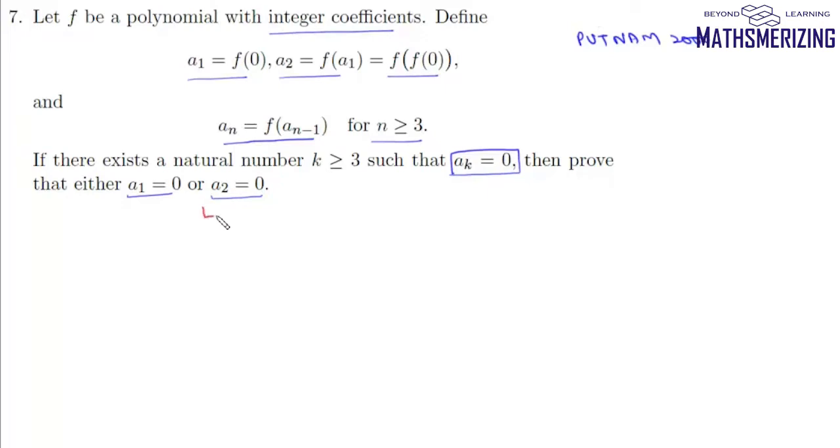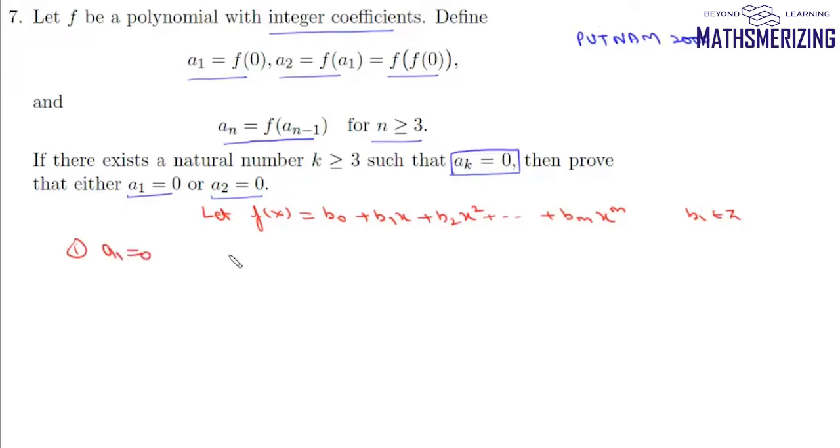Let f(x) be b0 plus b1x plus b2x squared plus up to bm x to the power m, where each bi is an integer. Now we'll consider the first case, when a1 is 0.